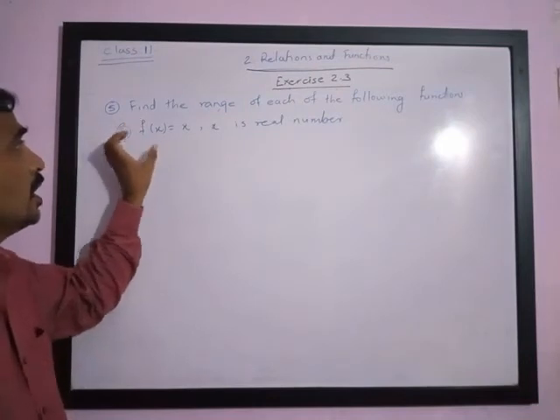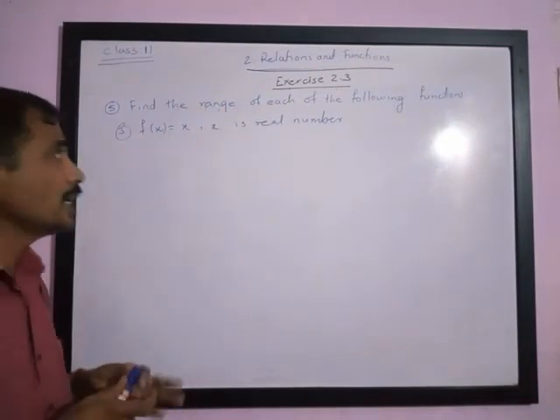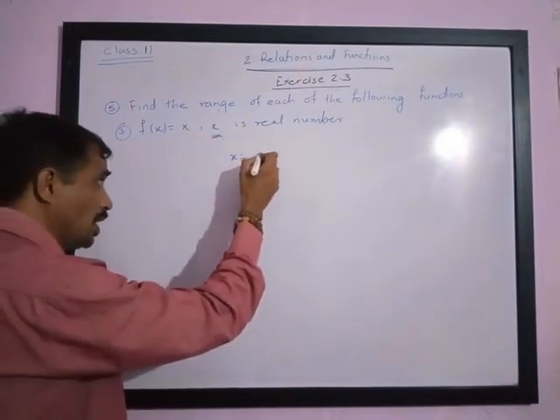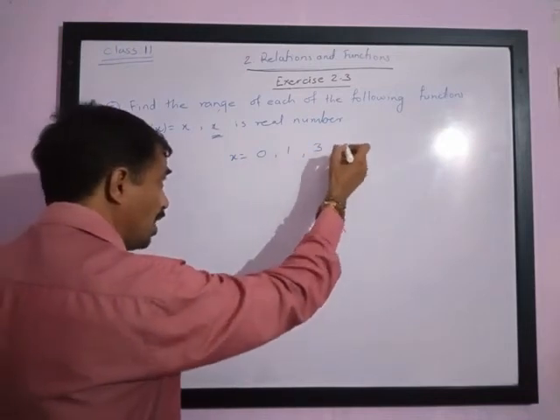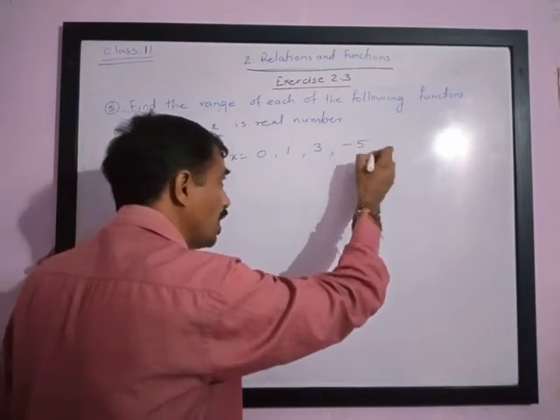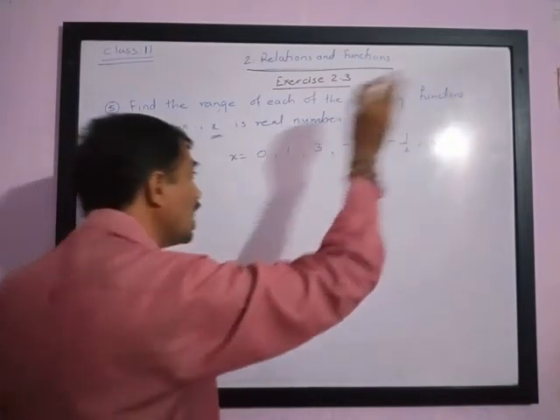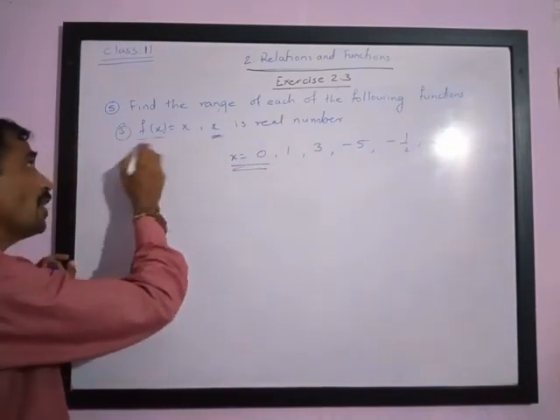Next, third, we have to find the range of the function f of x is equal to x, where x is a real number. So if x is a real number, it means x will have the values positive, 0, it can have negative values, negative fractions, irrational values as well, and many such values are possible for x. F of x is equal to x.